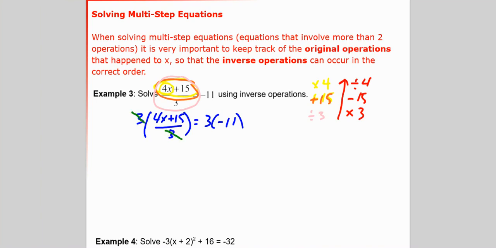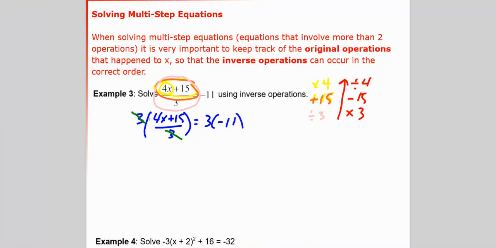We could distribute this in, but it won't save you any time because you'll just get 12 here, and then you'll end up reducing 3 into 12, which gets you right back to 4. Here you'll get 45, but 3 divided by 45 will just end up with 15. So if you can recognize to reduce these early, that will go a long way in helping simplify.